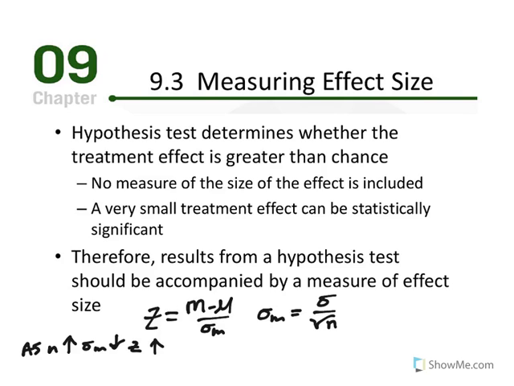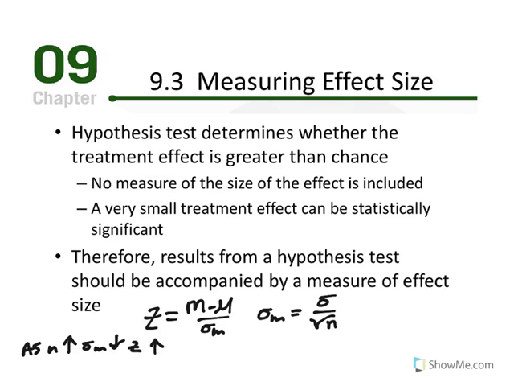As a solution to this problem, it was recommended that hypothesis tests also report or be accompanied by an effect size measurement. And we learned how to calculate Cohen's d. And Cohen's d expresses the mean difference in standard deviation units.